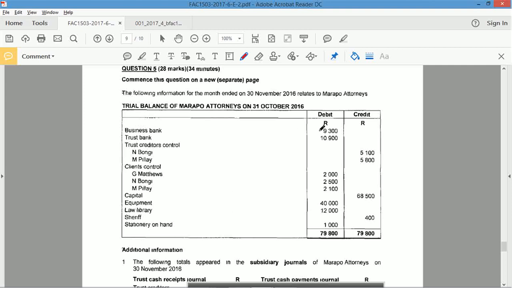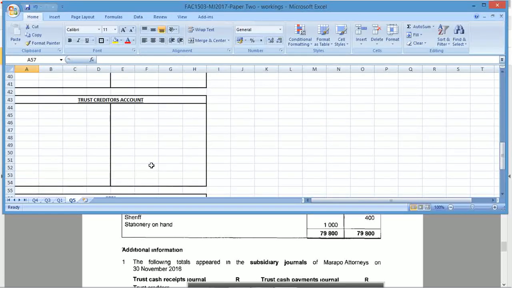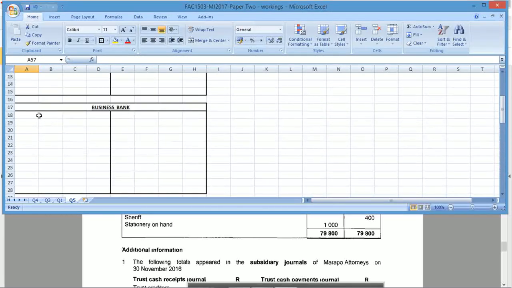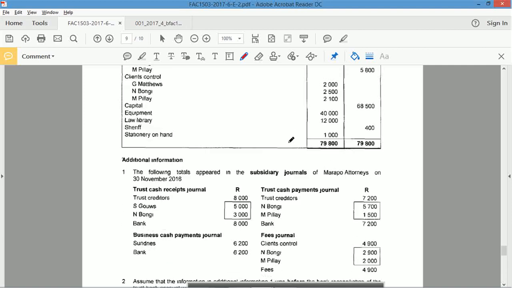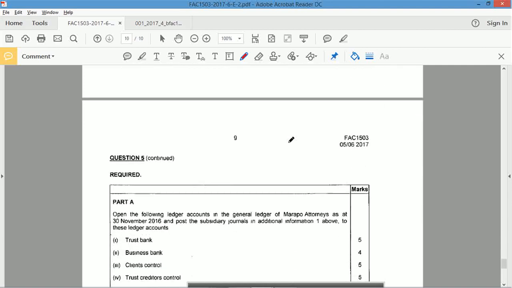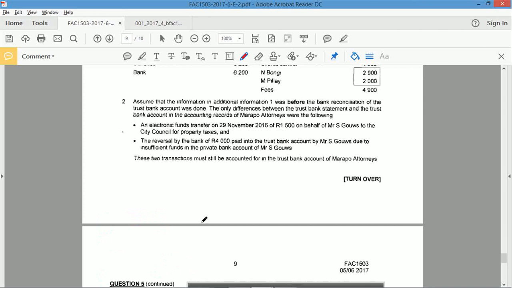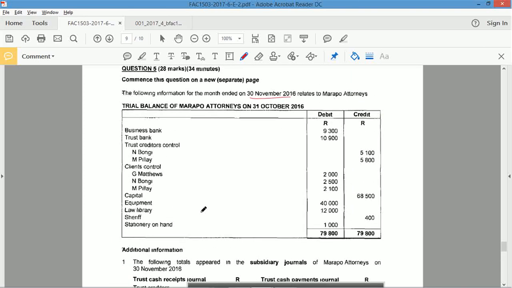Okay, Business Bank 9,300. So where's Business Bank? There's Business Bank. It's an asset. So what date was this? Trial balance at 31st of October, and we're presenting things for the month ended 30th of November, right? Yes. Okay, so we're looking at one month's transactions.